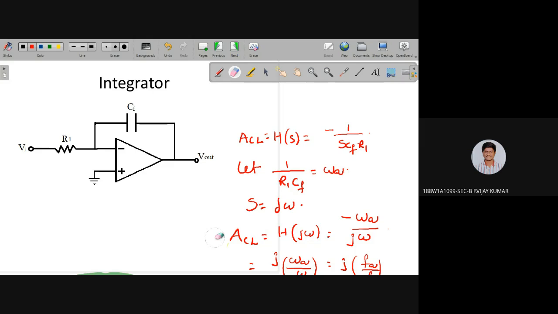A resistance parallel to the capacitor? Where? For CF. So according to your suggestion, one resistor should be placed parallel to that capacitor, or one capacitor parallel to this, or in series with this.